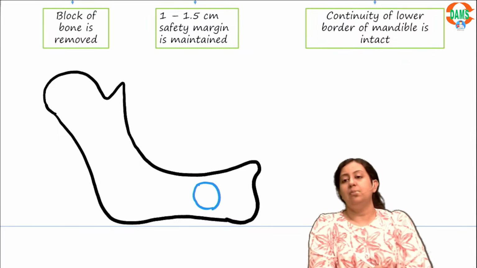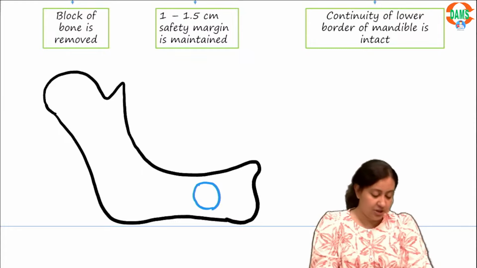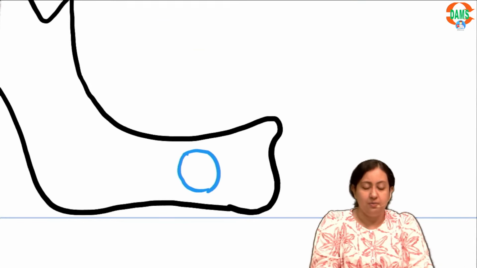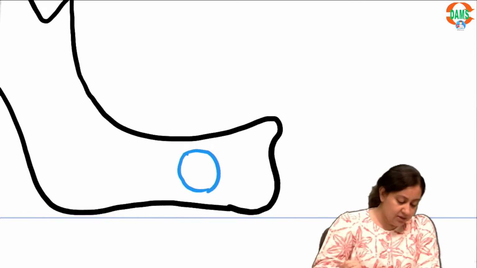Let's say for example this is the pathology, and there is this much of bone remaining at the end.